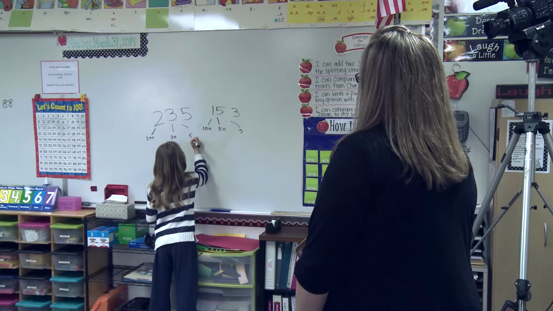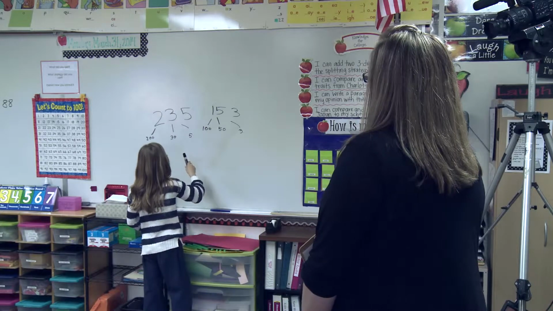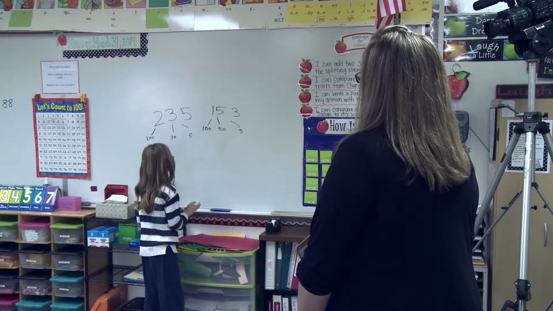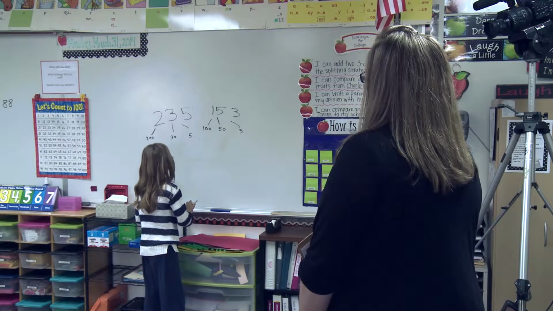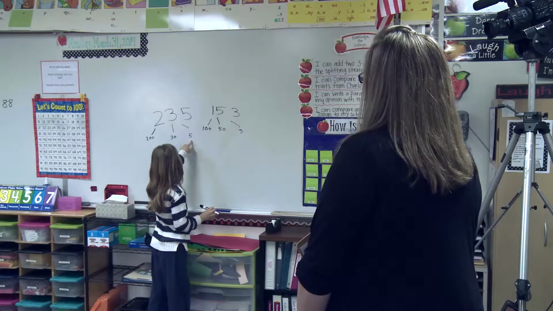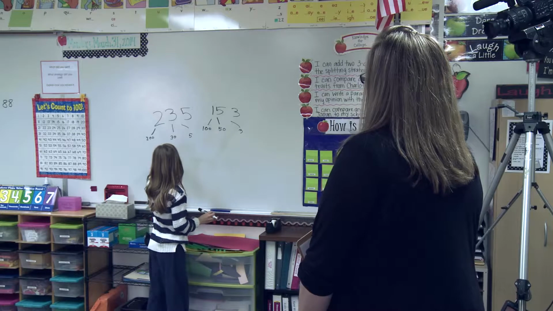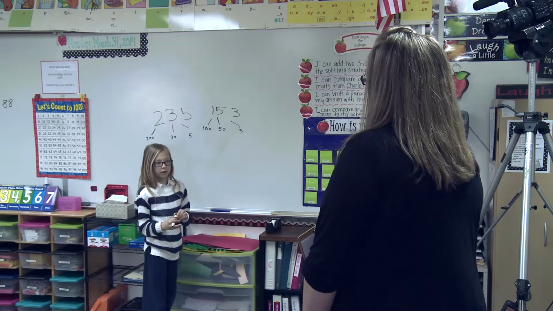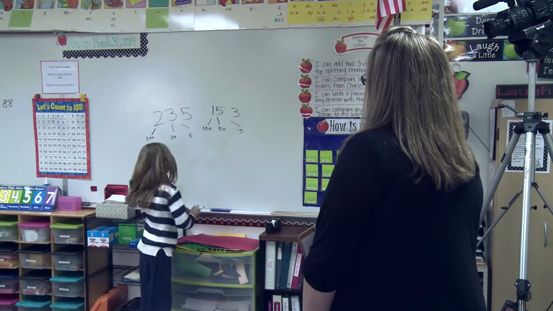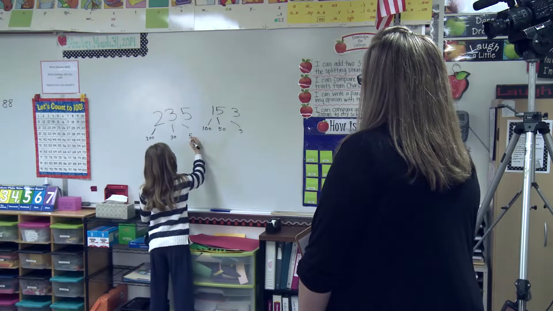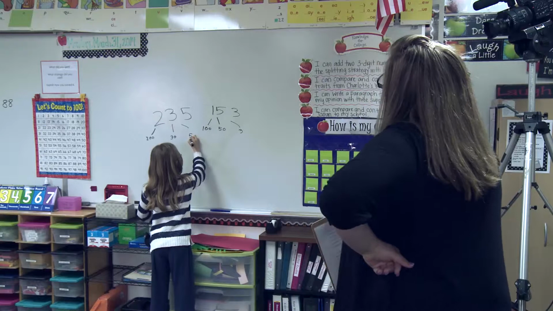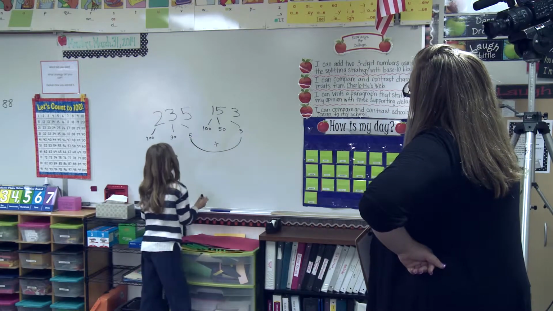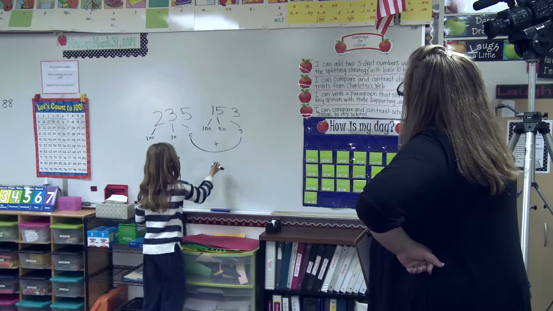Because if the tens place was bigger than the ones place, you could take away a 10 and you could give it to the 1. So start with 5 plus 3, and that equals 8.